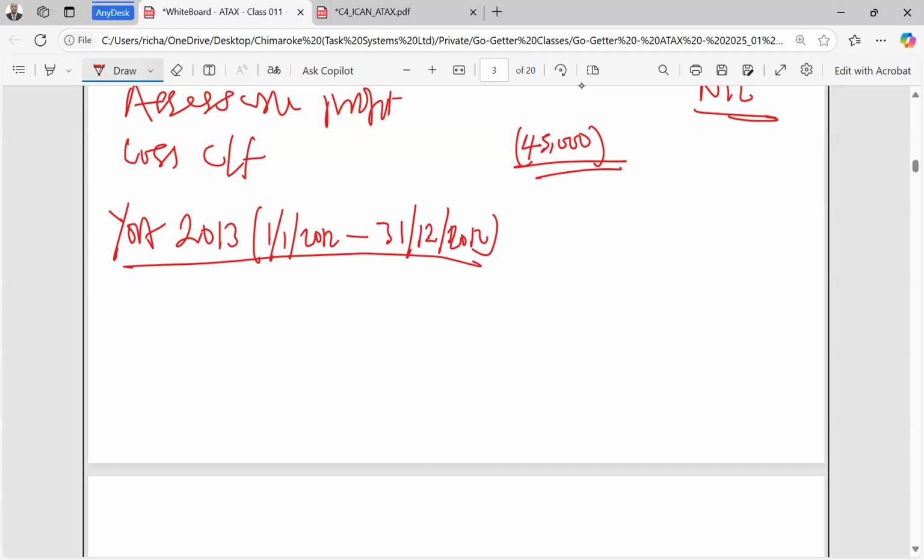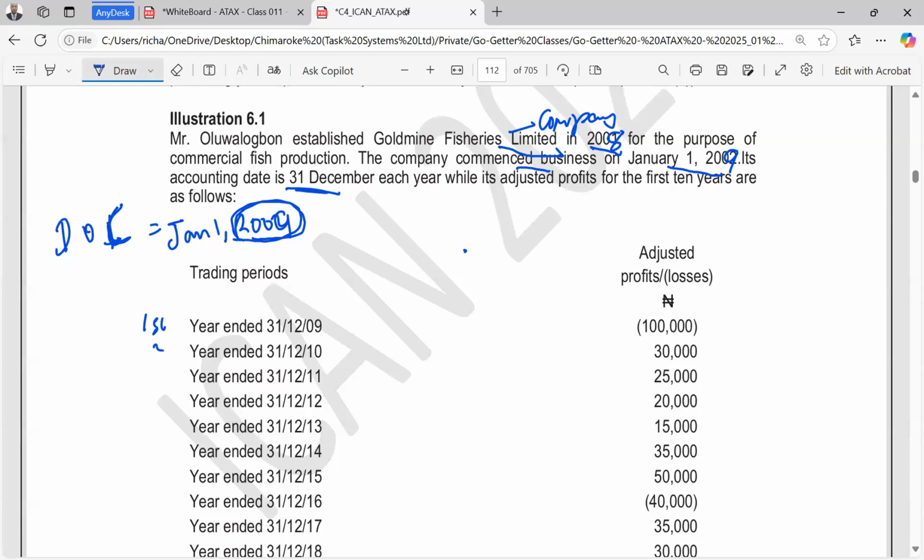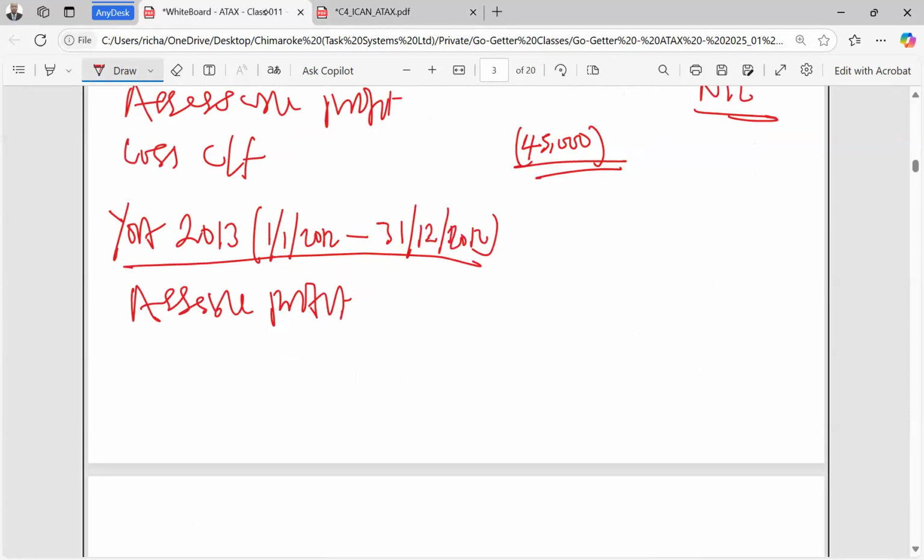We don't know whether it is assessable profit. Let's see. It's possible. 2012, that's 20,000. Assessable profit here is 20,000.